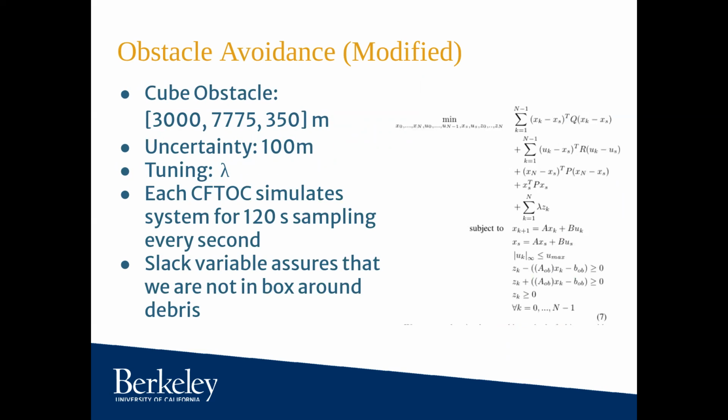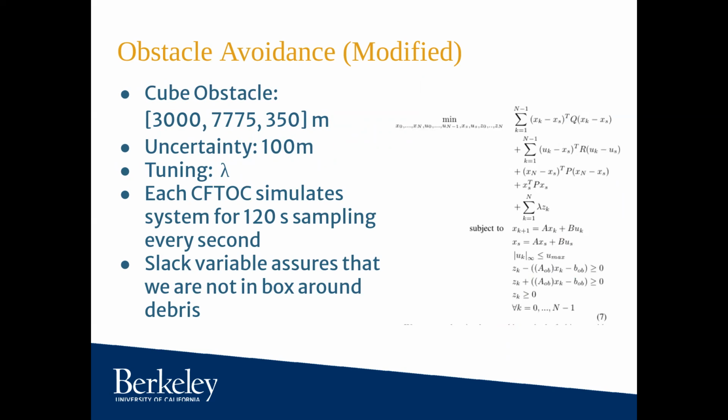So one proposed modification to our MPC was to use an obstacle constraint, just a state constraint to avoid the box altogether. This would be done with an infinity norm of the constraints.